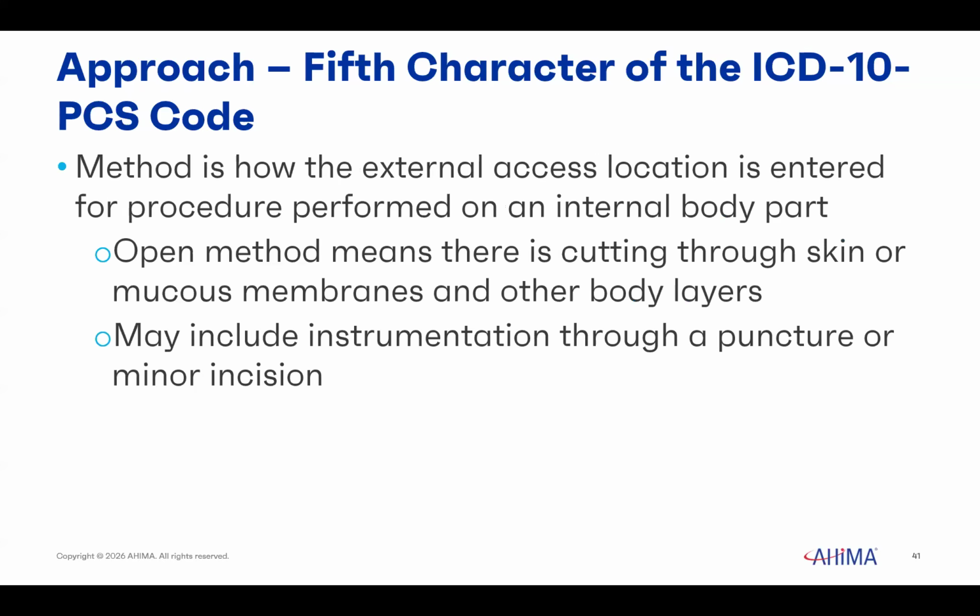Method is how the access location is entered. So open means that we're cutting through the skin or mucous membrane or other body layers, and this may include instrumentation through a puncture or minor incision.